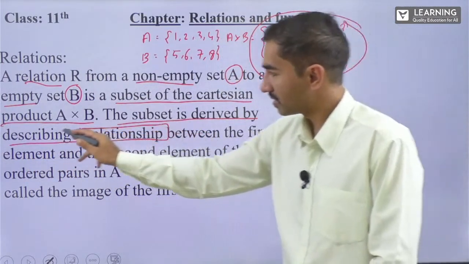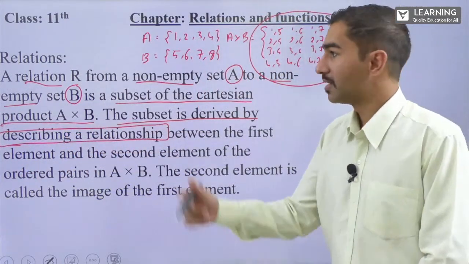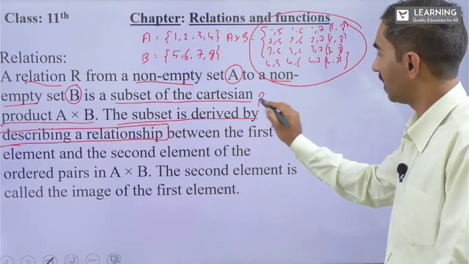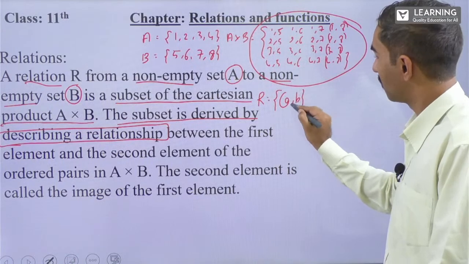So box this. Put a box for this. Describing a relation. Now we will define one relation, in such a way that R is equal to (a, b). So what is a, students?